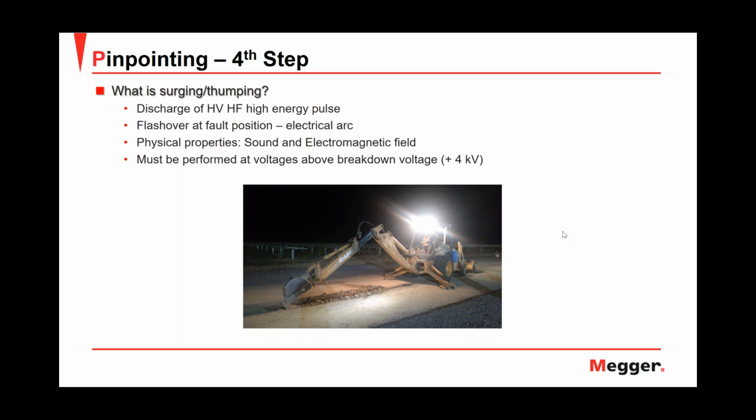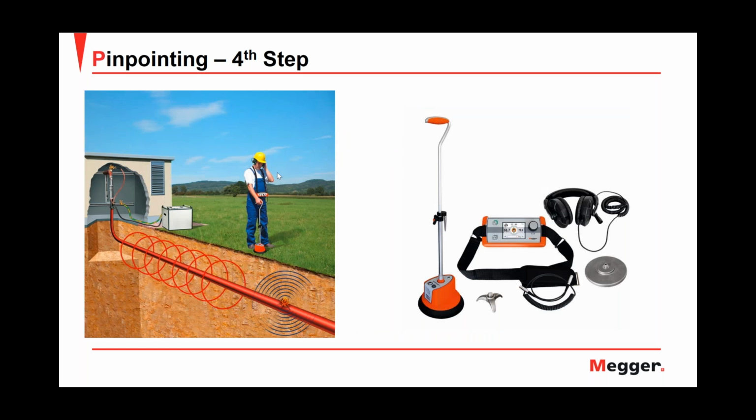So let's explain a little bit how the pinpointing works. What I will do with my source generator is send high voltage pulses, let's say every 10 seconds. So every 10 seconds, I will have an arc in the fault position, and I will have two signals, the electromagnetic field and the acoustic signal, coming from the fault.